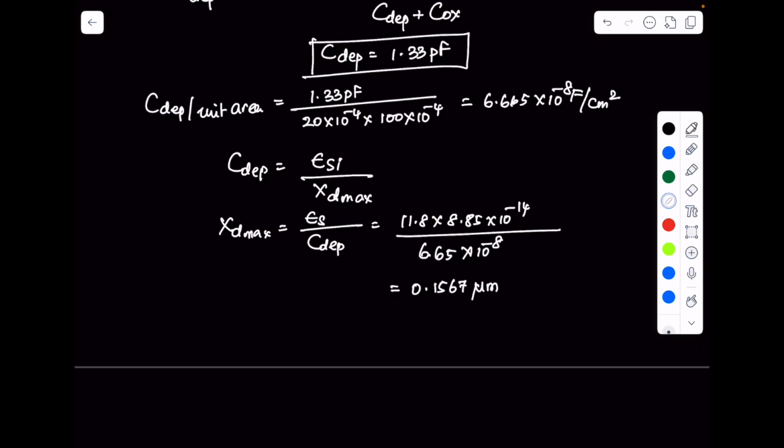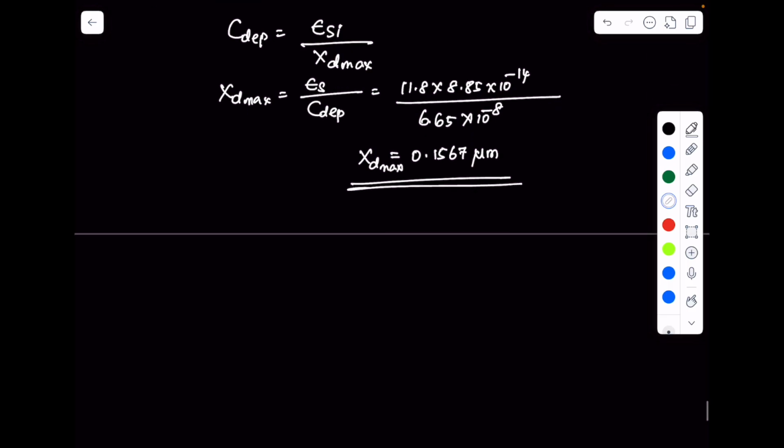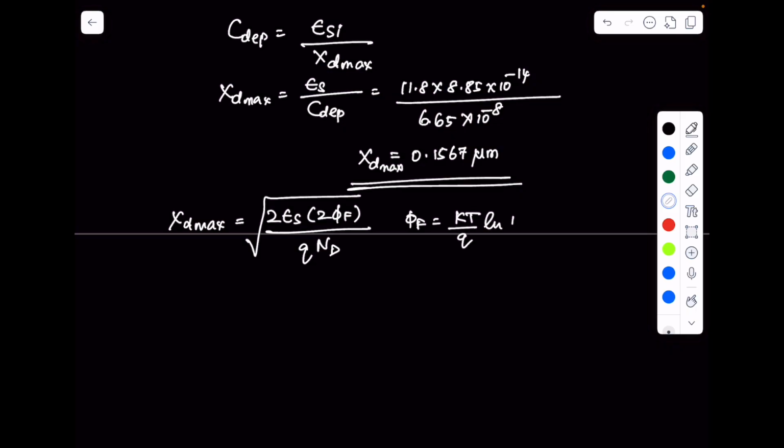So this is my XD max. Now, we know XD max is nothing but the square root of 2 epsilon s into 2 phi f divided by q times Nd. And this phi f is kT upon q ln Nd by ni. So now here you know XD max and you know everything else.